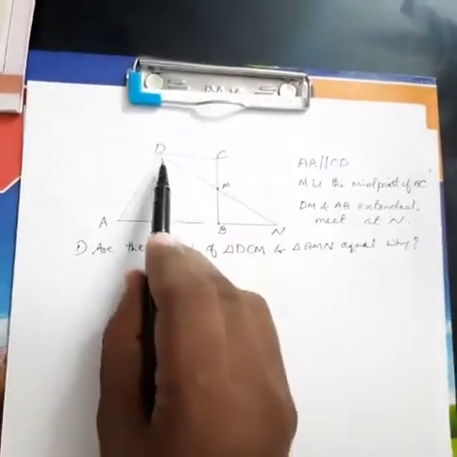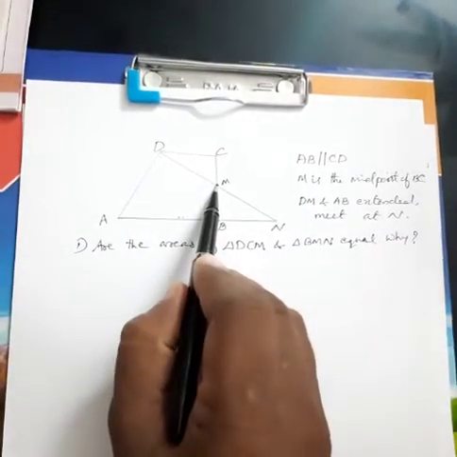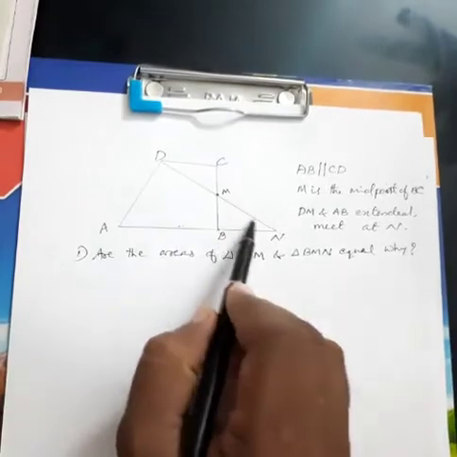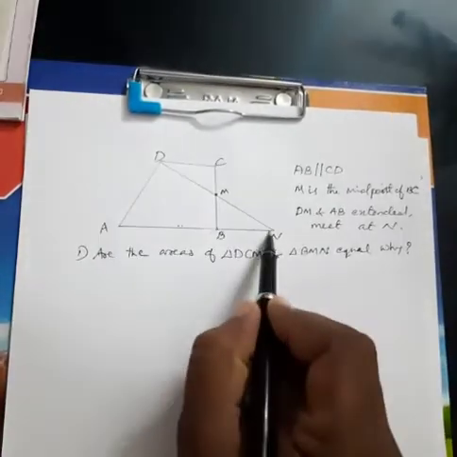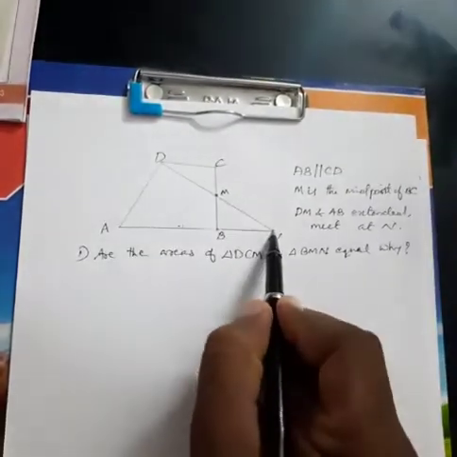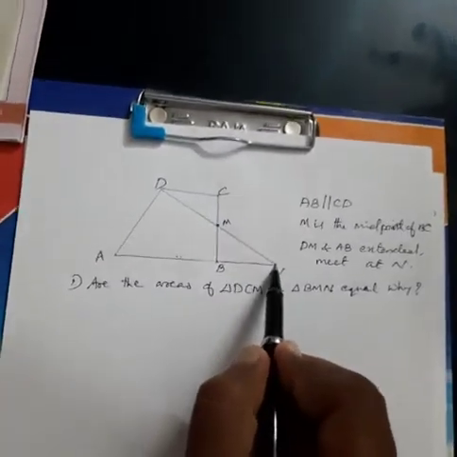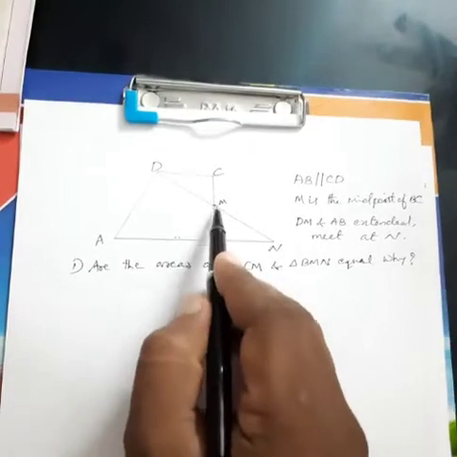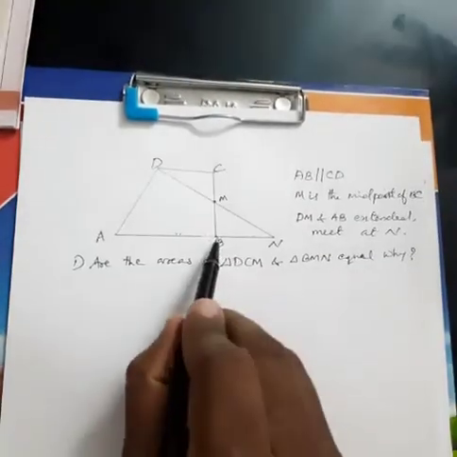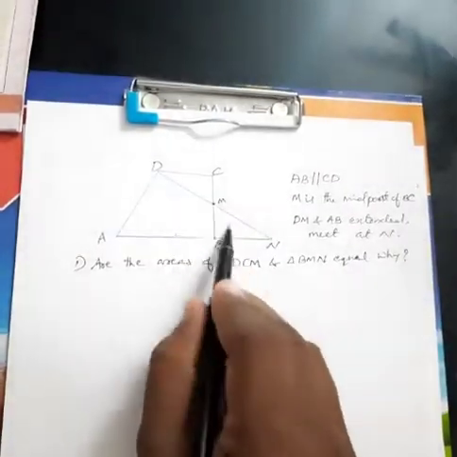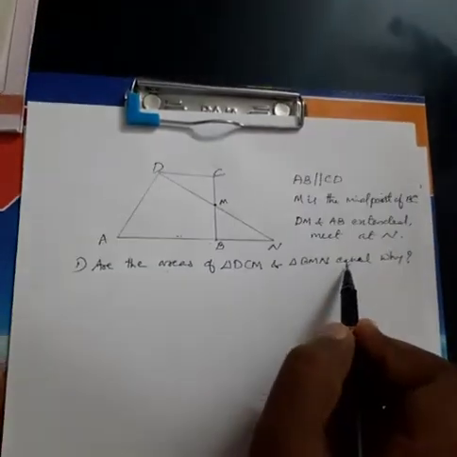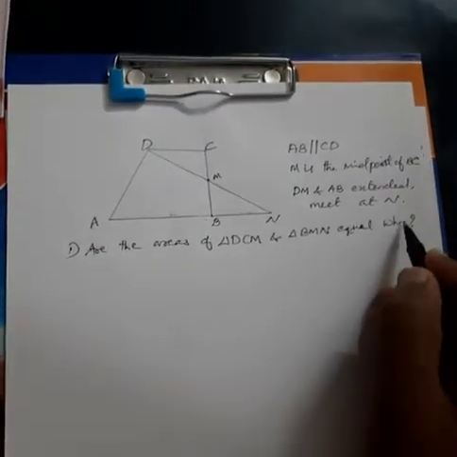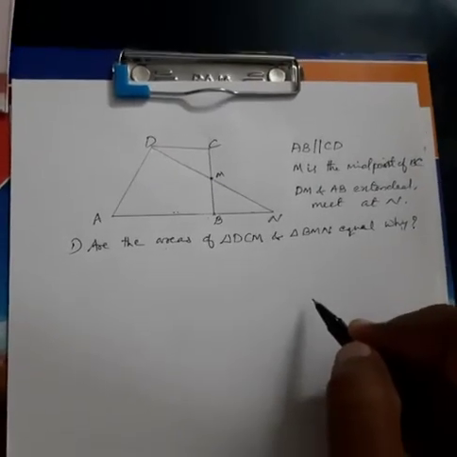Then DM is extended and AB is extended. So both will meet at point N. The first question, the areas of DCM and BMN, these two triangles, are equal or not? The areas of both the triangles are equal or not, and what is the reason?